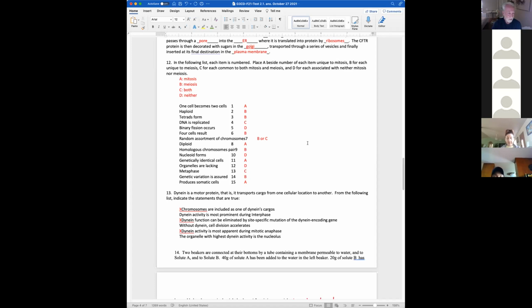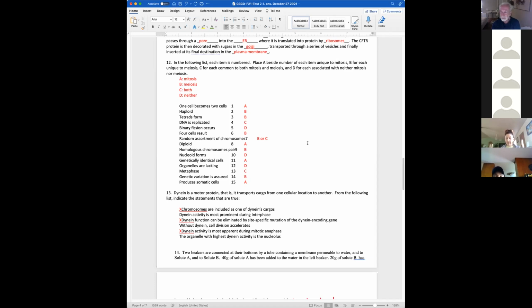Organelles are lacking, D, it's neither. Metaphase occurs in both. Genetic variation occurs only in B, meiosis, and produces somatic cells is A, mitosis. As I said, nobody got all of these right.